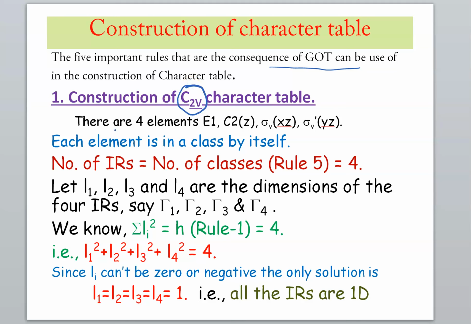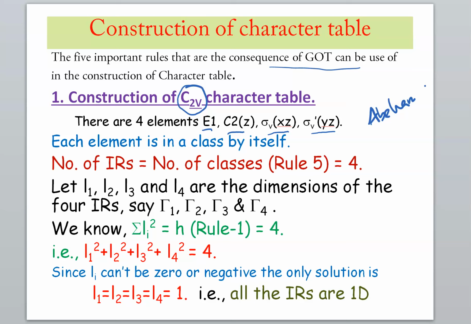We know that in a C2v point group there are four elements: E, C2z, sigma v xz, and sigma v dash yz. And it is an abelian point group. That means all the elements commute with each other.